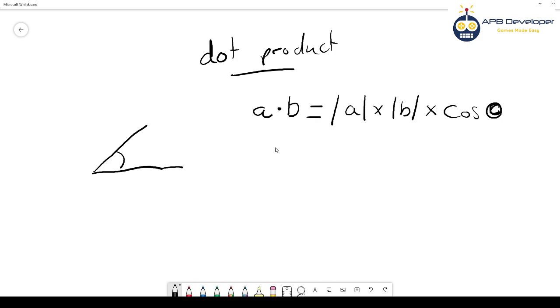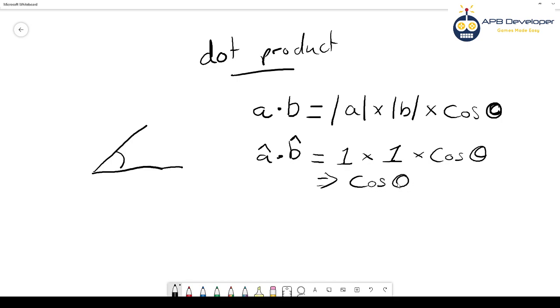What this would normally be is unit vectors, so normally with a little hat on them. A unit vector is any vector that's got a length of 1. So this comes back to 1 times 1 times cosine of theta, which just comes down to cosine of theta.